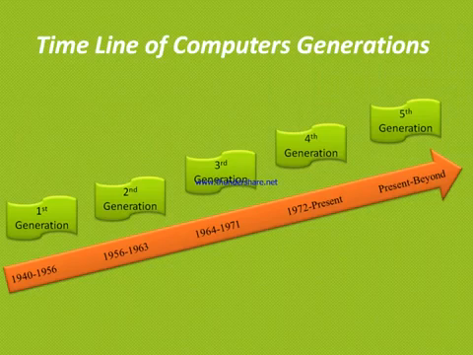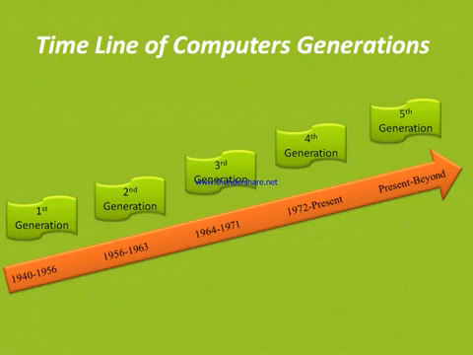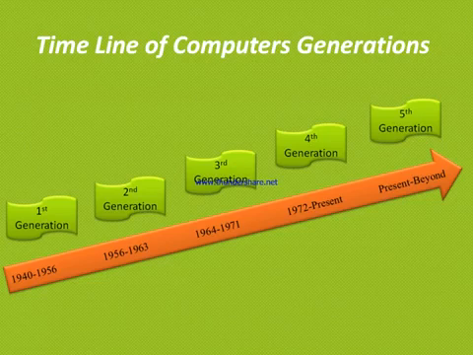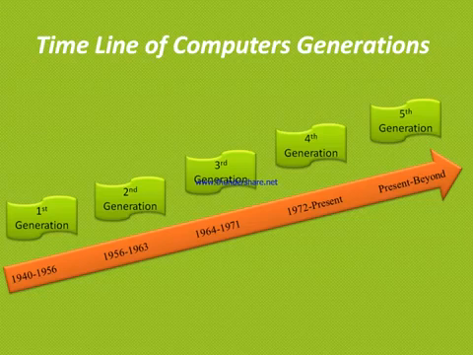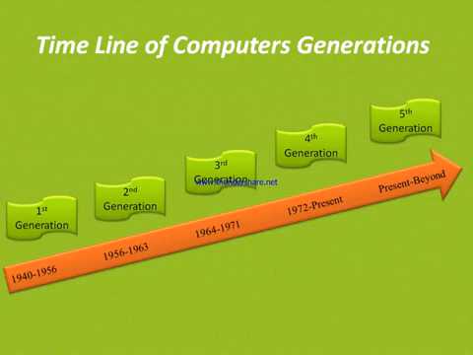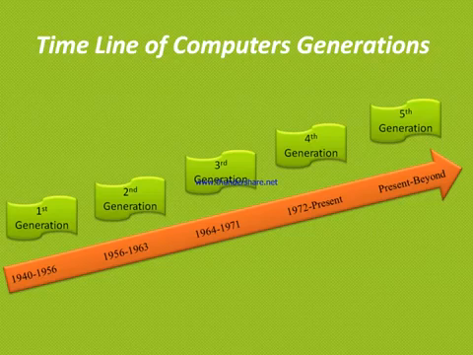The history of computers is often referred to 5 different generations of computers. First generation from 1940 to 1956. Second generation from 1956 till 1963. Third generation from 1964 till 1971. Fourth generation 1972 till present.